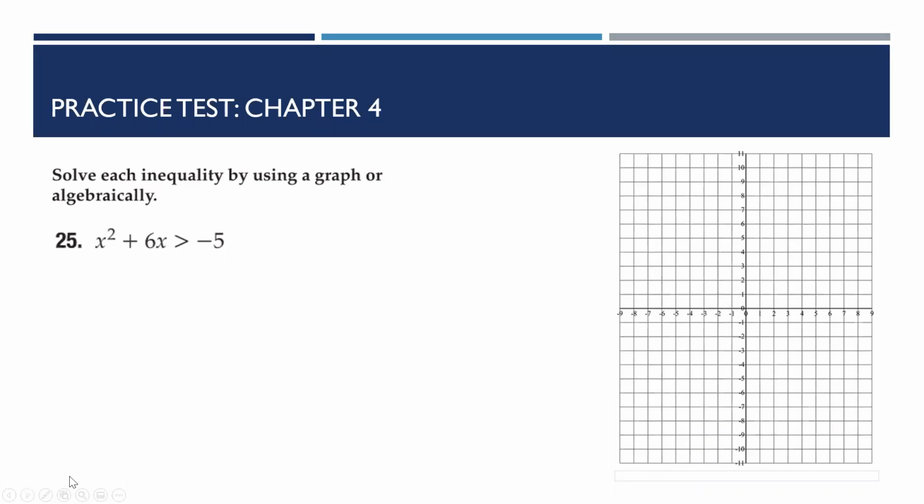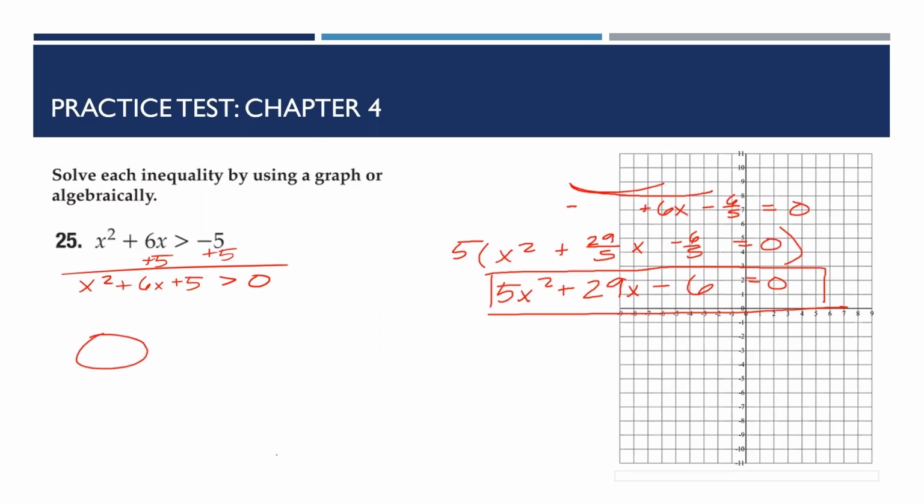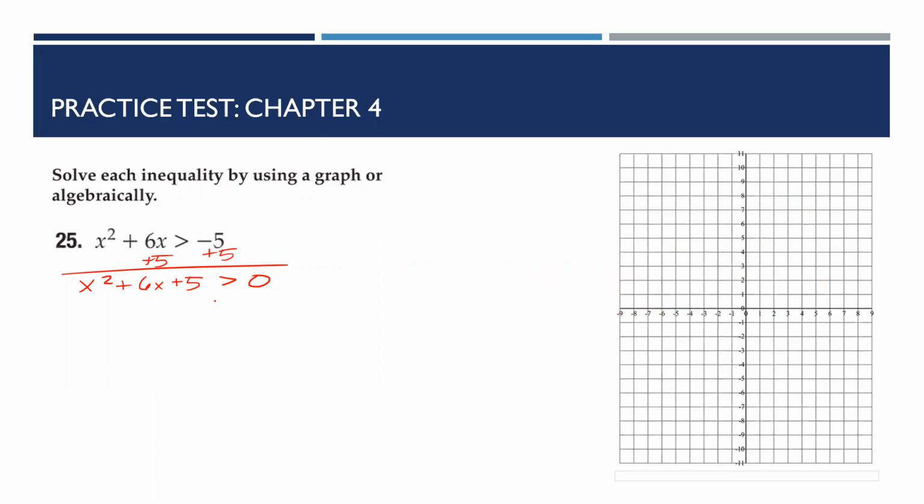So then this problem here, number 25, says to solve each inequality by using a graph or algebraically. All right, so here, what I would first do is make this like standard form. So I'm going to add 5 to both sides, and I get x squared plus 6x plus 5 is greater than y.